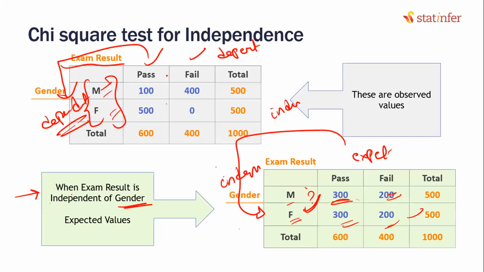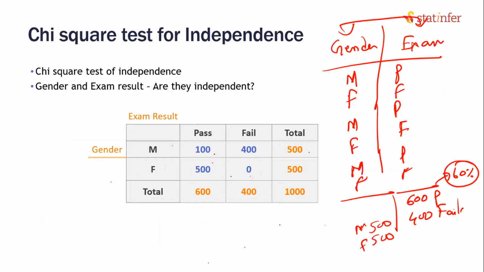Tell me, if this is the data that you have, when you do the chi-square test, are you going to see there is a dependency of gender on exam result, or are gender and exam result independent? What will you get as the result? Here there is dependency. They are dependent. Will you get a very small chi-square value, or a very large chi-square value?